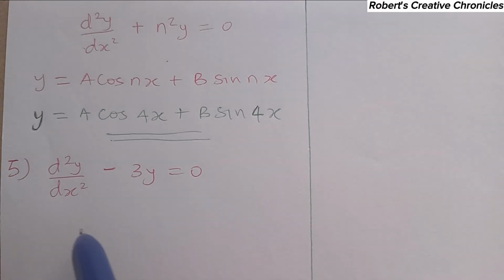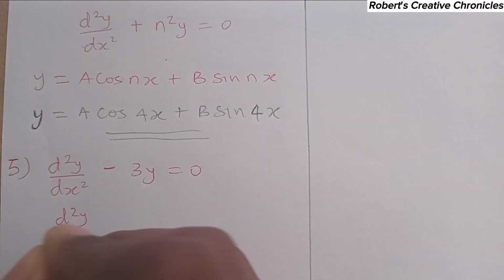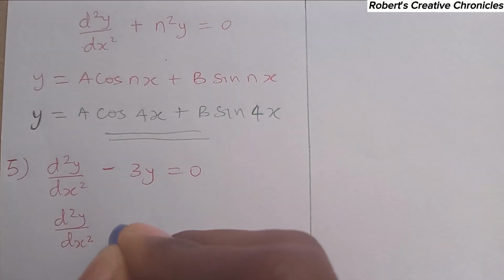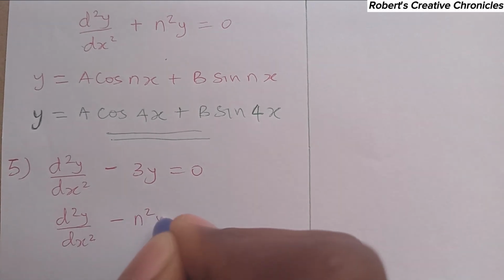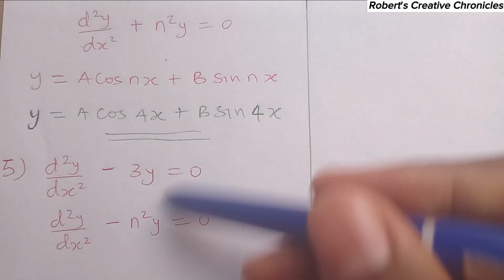So this is the 5th one. You can obviously see that this one is in this form: d squared y over dx squared minus n squared y is equal to 0. So this equation is of this form.